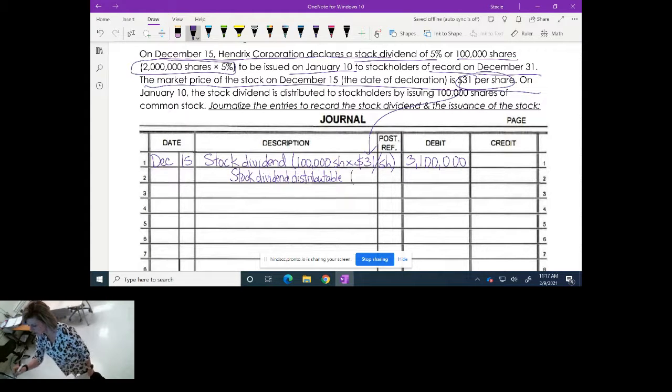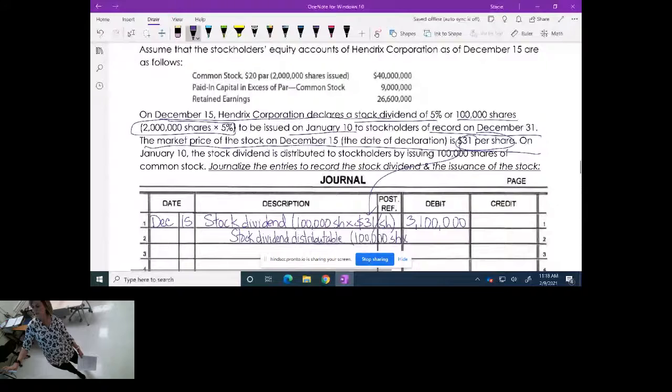All right, so this is what we credit instead of common stock. We are not going to credit common stock until those shares are issued to the shareholders. That's when you credit common stock. So right now we're just showing it as a liability. We've got to distribute these. So we're going to credit this distributable account by par. So we'll take 100,000 shares times, what is my par? $20.